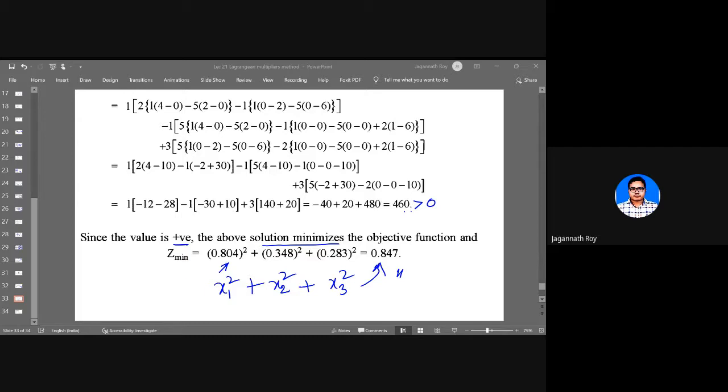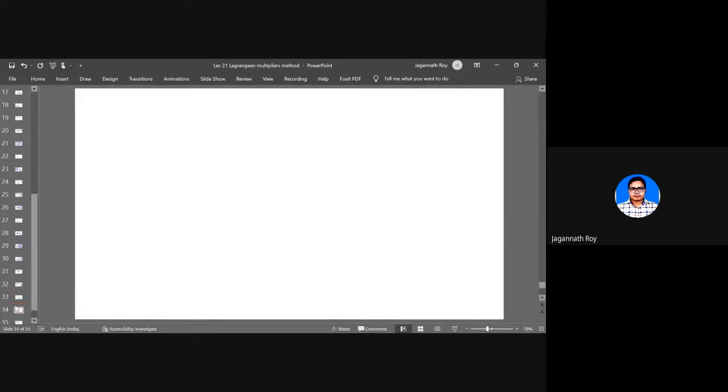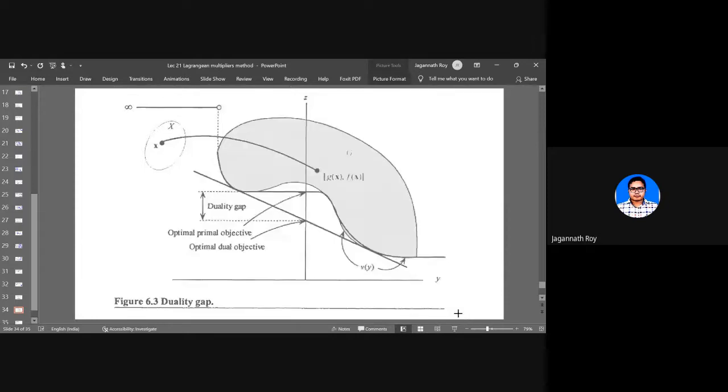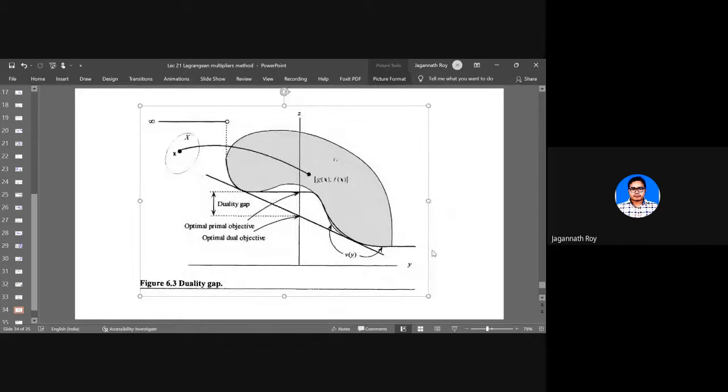So I will show you that there are some problems where we actually think about the duality gap. So this is one example taken from this book. If we have a nonlinear function, then we will have a term which is called a duality gap.